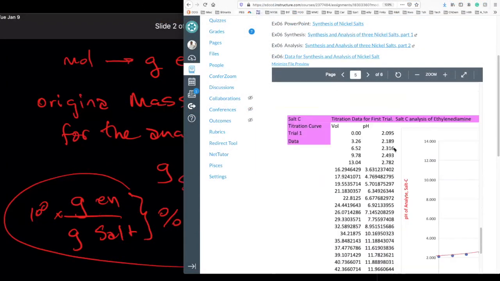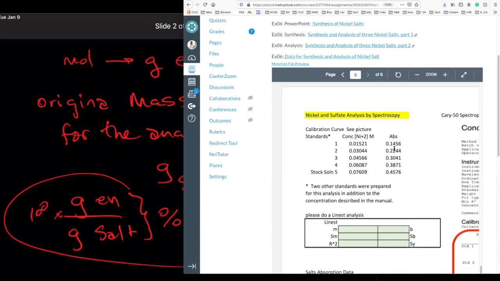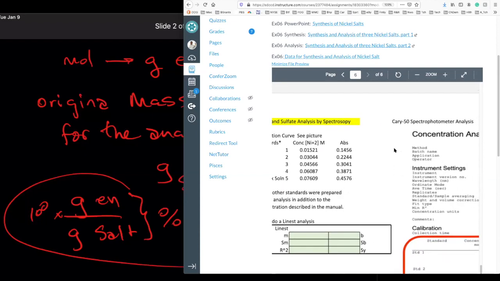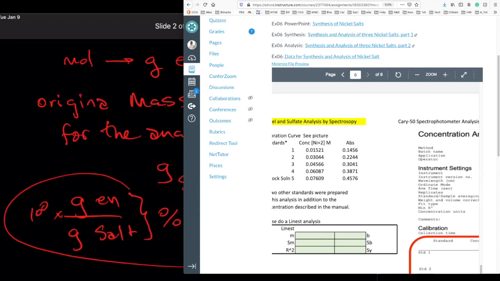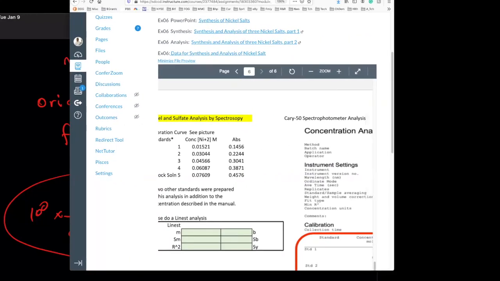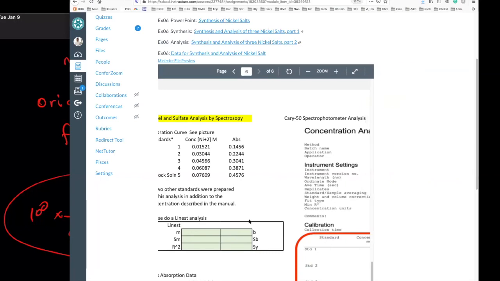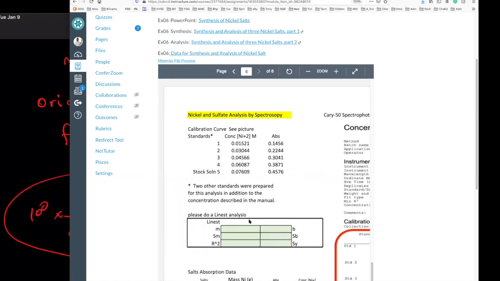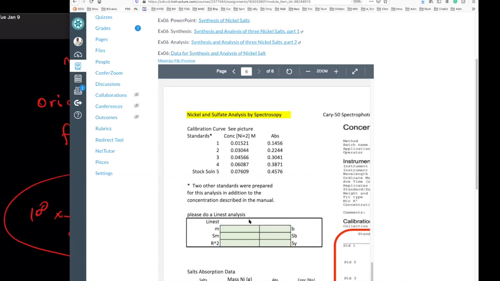This right here is your data for your nickel analysis. And your lab manual originally called for just creating 3 standard solutions. What I've done was I created 5, okay? And for this particular experiment, this is what happened.